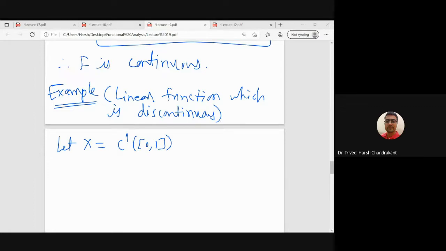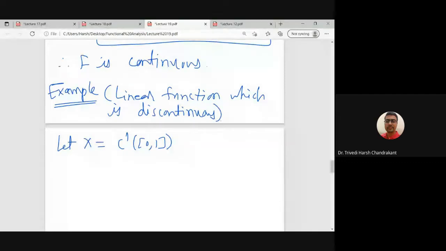It is continuous on the closed interval 0 to 1 and differentiable over the open interval 0 to 1, and it is one time differentiable. Obviously 2 times differentiable functions will also be there, because 2 times differentiable functions are 1 time differentiable. And there will be some functions which are 1 time differentiable, not 2 times differentiable. Those functions will also be there.